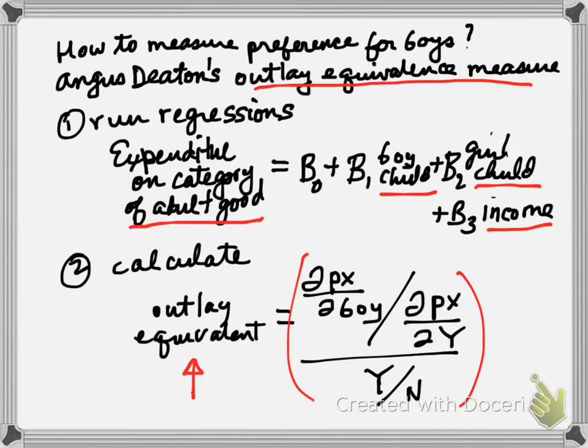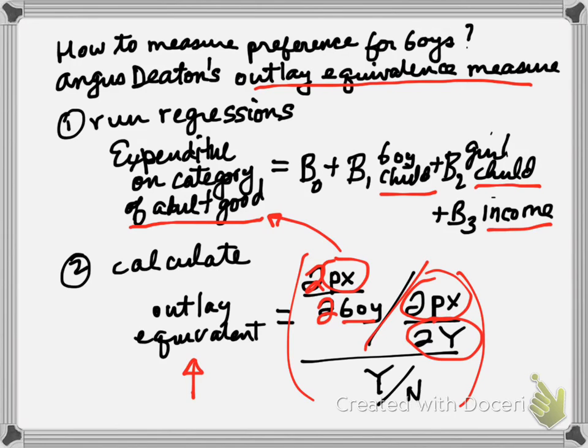In the numerator, we have the partial derivative, so that's this partial sign, the partial derivative of expenditure on the adult good category, so it's the price times the quantity, so that's this expenditure on the adult good. How that changes when there's a boy, divided by how expenditures, so again we have expenditures on the adult good category, how that changes when there's a change in income.